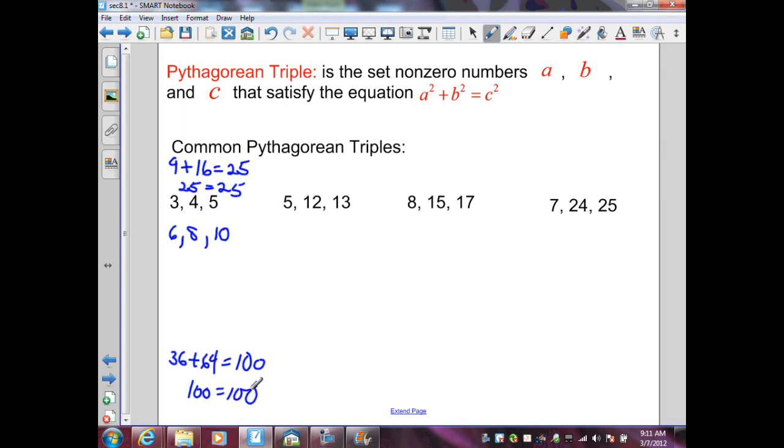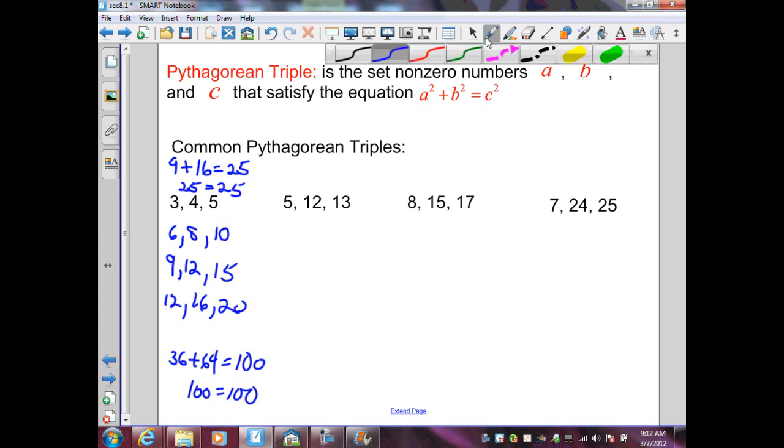Therefore, I know if I would have 6, 8, 10, that is an original 3, 4, 5 triangle, and that is a right triangle. Another way to look at this is I can multiply this by 3 and get 9, 12, 15. Multiply it by 4, 12, 16, 20. This set of numbers are multiples of a 3, 4, 5. Therefore, these are all right triangles.